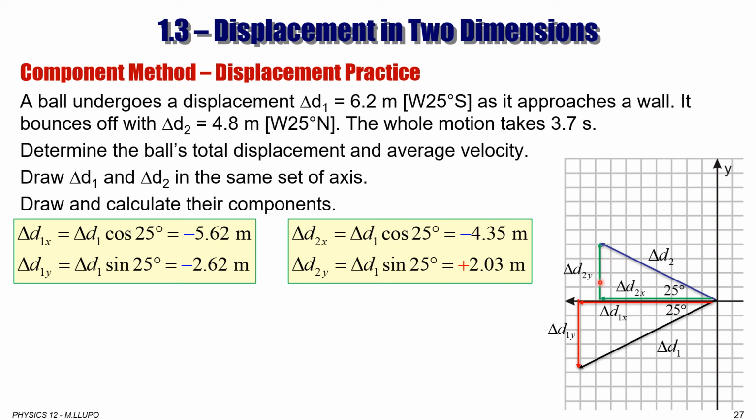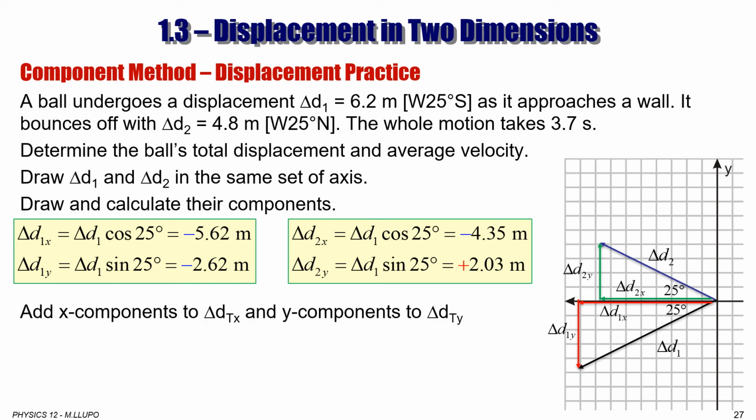That means it's opposite, which means you are using sine, because you can see that side. If you put an eye at this angle, you can see it. Whatever works for you, it doesn't matter as long as you do it correctly. So ΔD2y is positive, ΔD2x is negative.